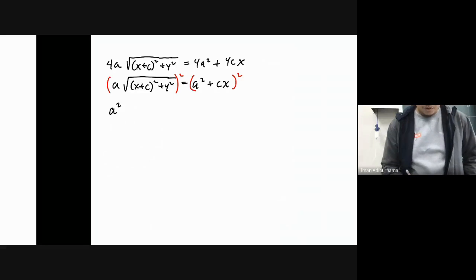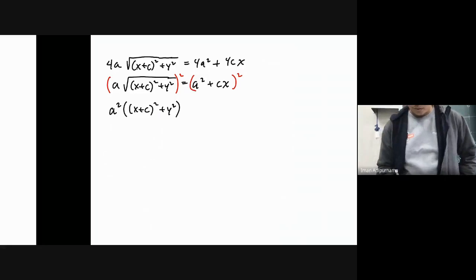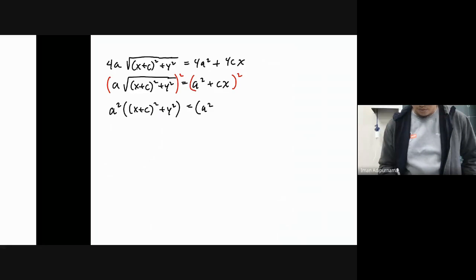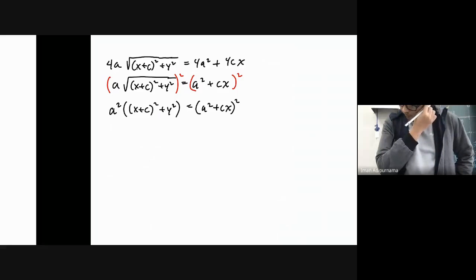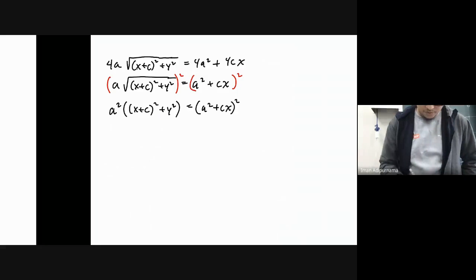So this part will be a squared times x plus c squared plus y squared equal. Let's solve this one. So a squared x squared plus 2a squared xc.